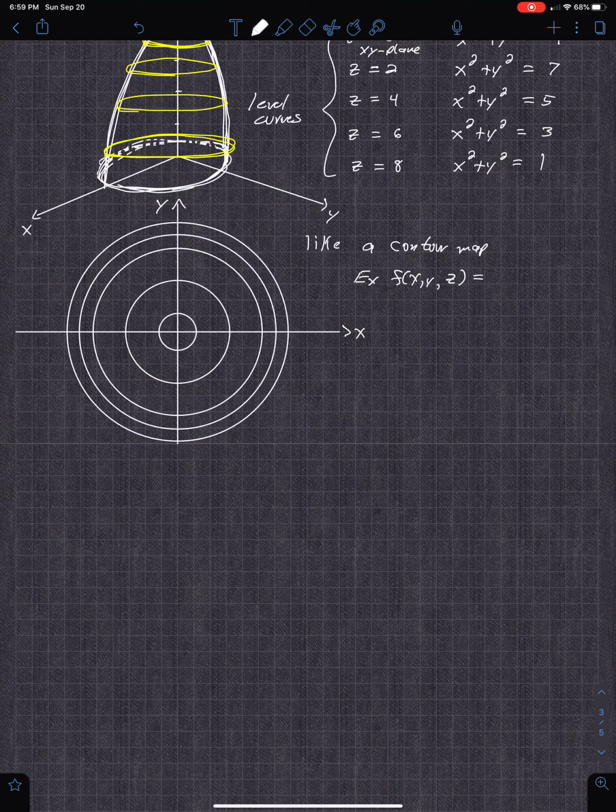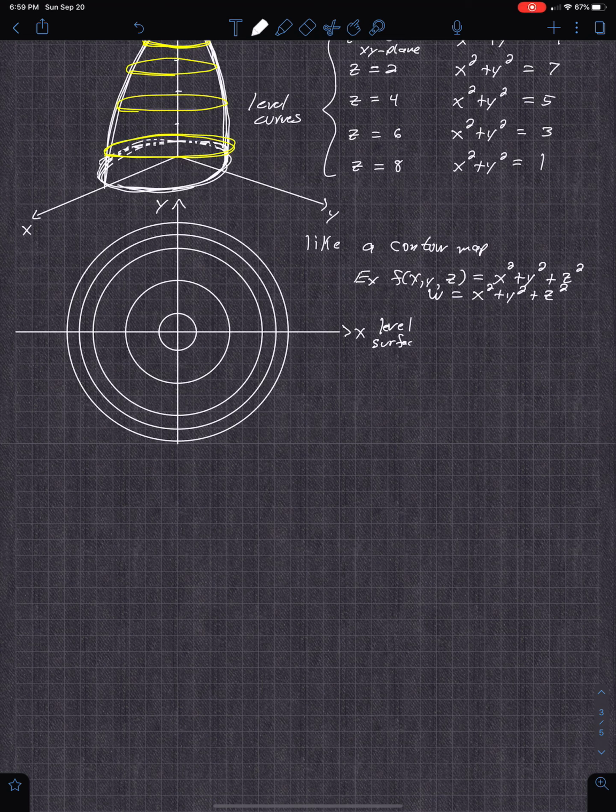In this case, I'm going to say it's x squared plus y squared plus z squared. We often use the letter W, so W equals x squared plus y squared plus z squared. And if you choose W to be something, say 2, 4, 6, 8, then you get level surfaces.